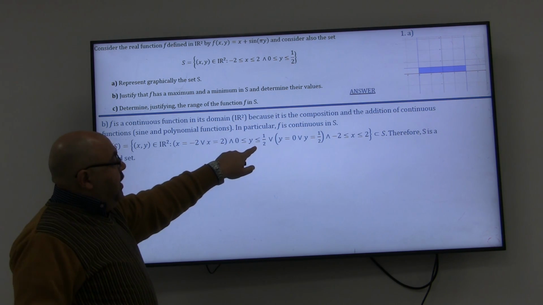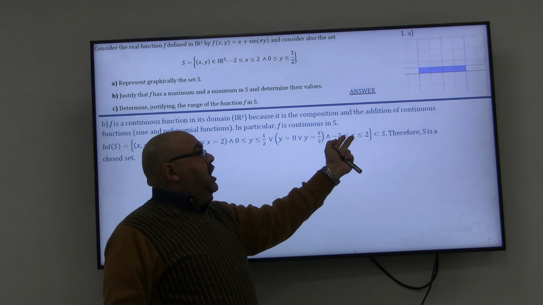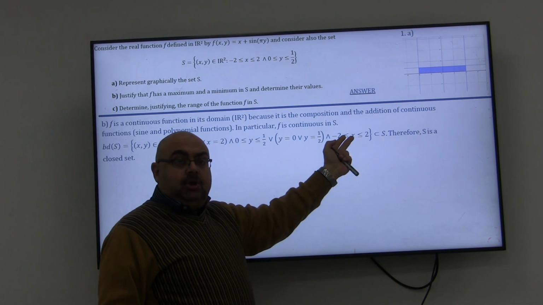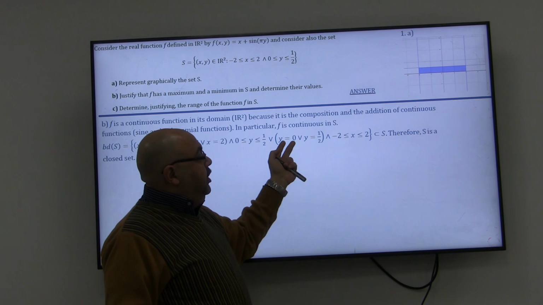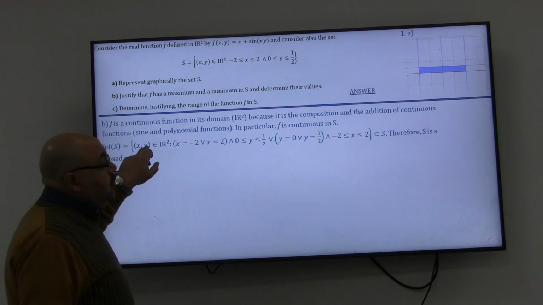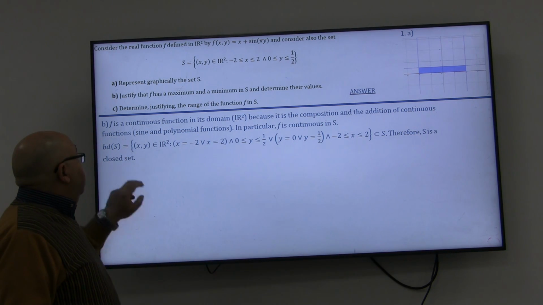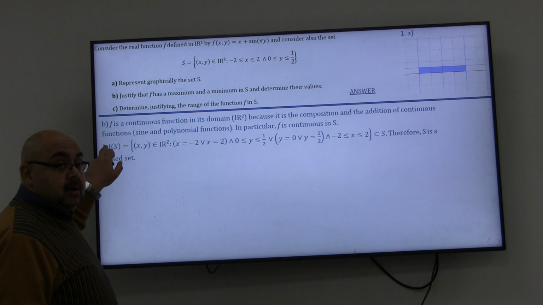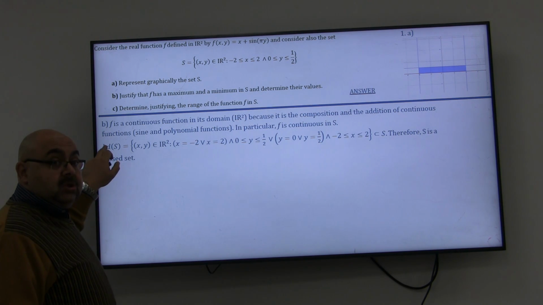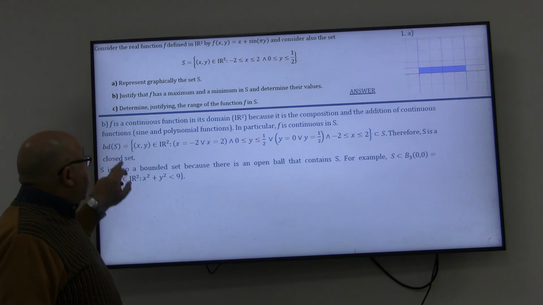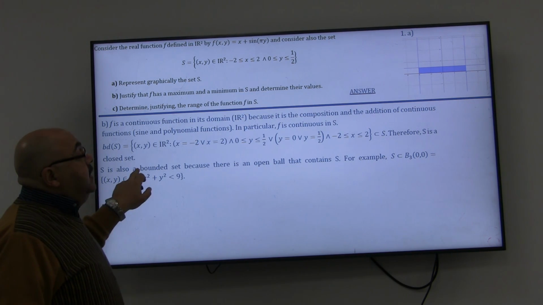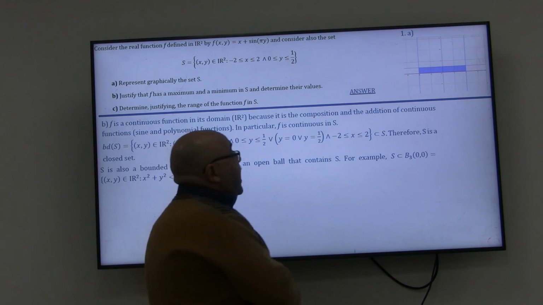Or just to replace them, get the range in the x direction and the boundaries in the y direction. So this is the condition for the boundary. So it is a closed set. Why is it a closed set? Because simply, be careful, I can get a ball centered at the origin.